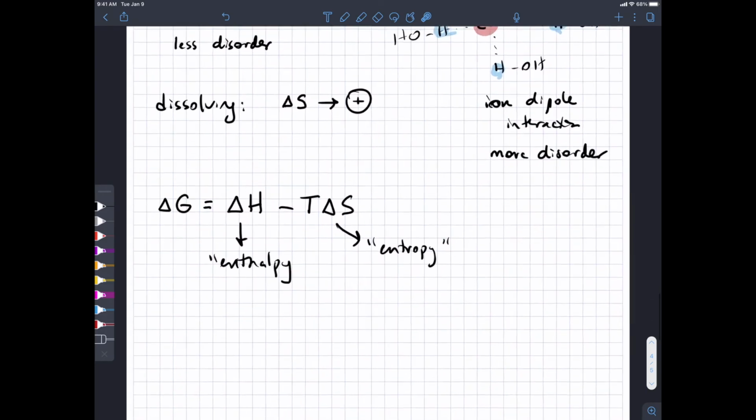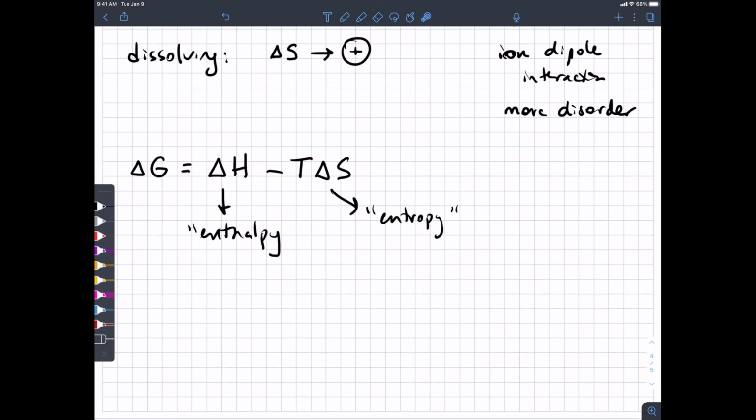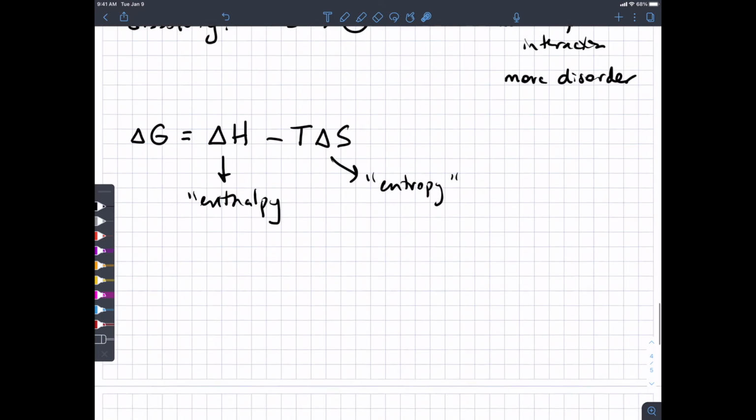Now, what does enthalpy mean? Any ideas? Yeah, go ahead. The energy of molecular interaction. So you know something that I didn't used to know.